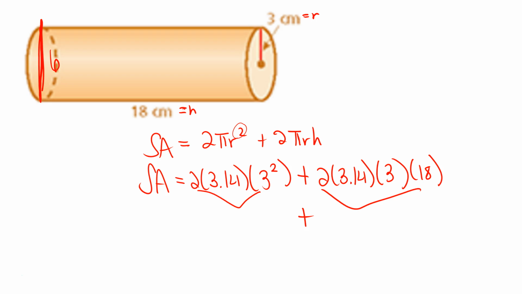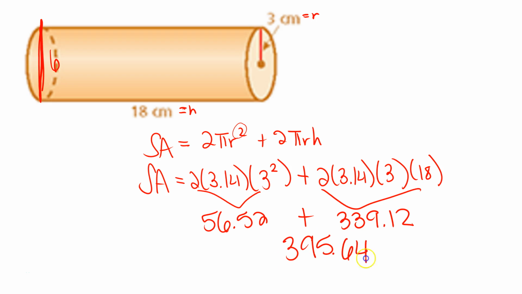Okay, you should have gotten 56.52 here and 339.12 here. Go ahead and finish adding those if you didn't already. You should get 395.64 square centimeters.